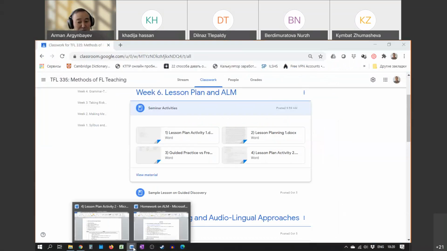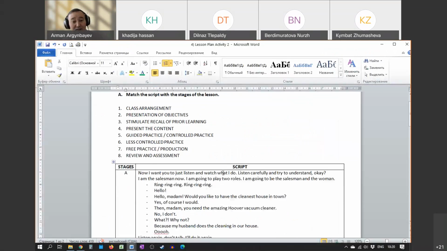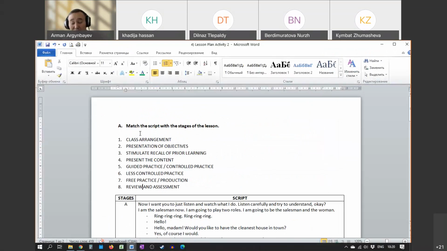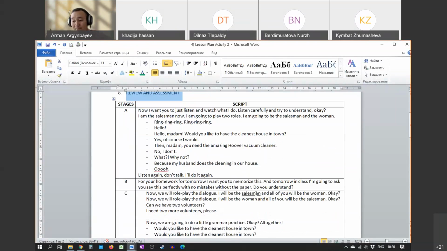And let's continue with activity 2 now. Here we have the arrangement of lessons. They are in correct order. Now, what should you do? We have scripts. I mixed them. And you must put the script in the correct order.